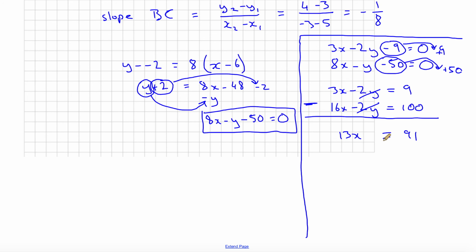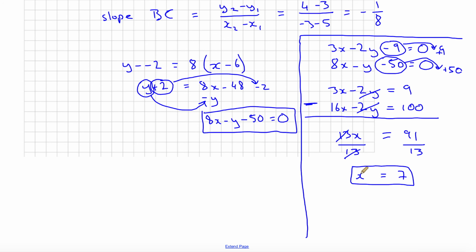If 13x is equal to 91, you can divide both sides by 13. The 13s cancel here, so x is equal to 91 over 13, which is 7. So that's my x coordinate of the orthocenter.